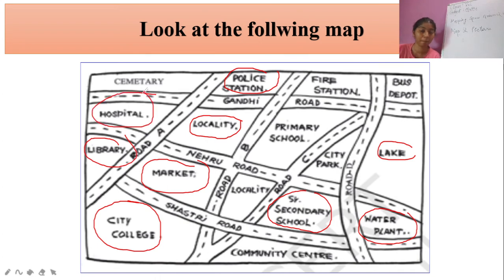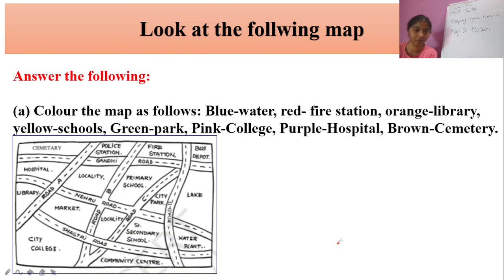Okay, so students, let's see what you have to do. You have to give your answer. Color the map as follows: blue for the water, red for the fire station, yellow for the library, green for the park, pink for the college, purple for the hospital, brown for the cemetery.